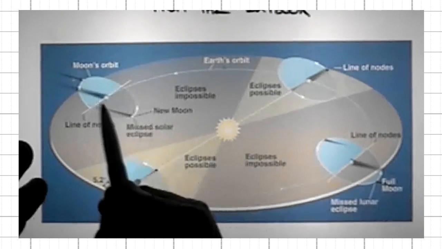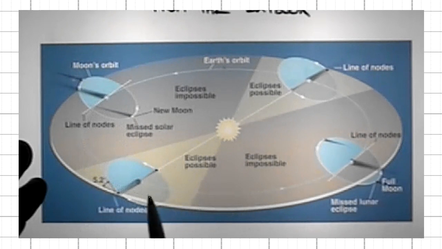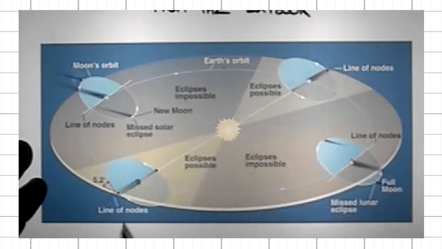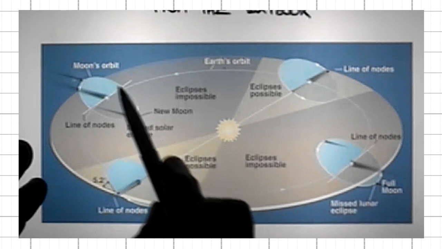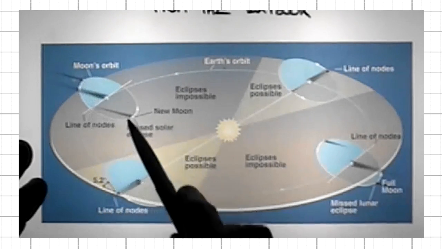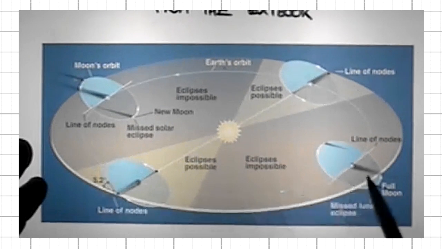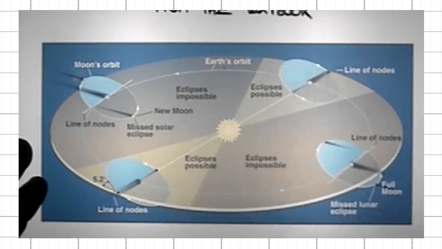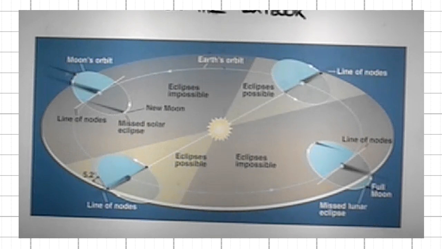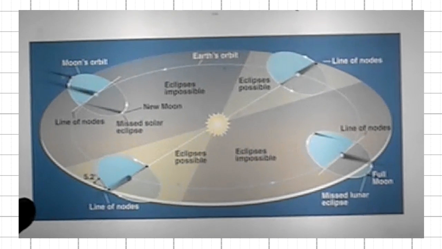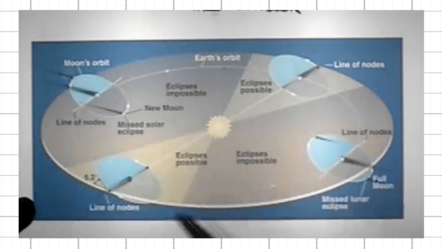So as the Earth revolves around the sun during the year, you can see that the orientation of the moon's orbital plane stays approximately the same relative to the stars. As a consequence, often we'll have 4 eclipses during the year, right?